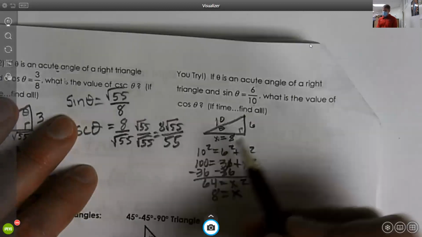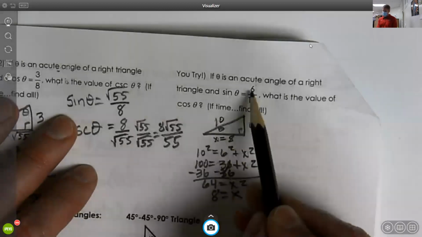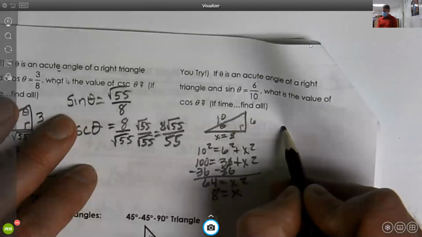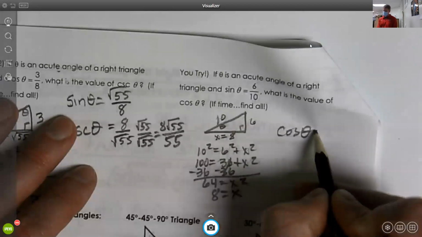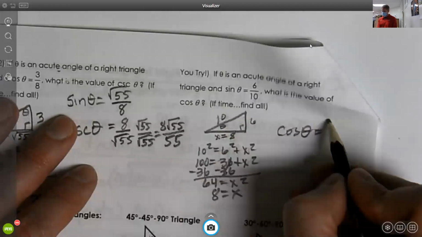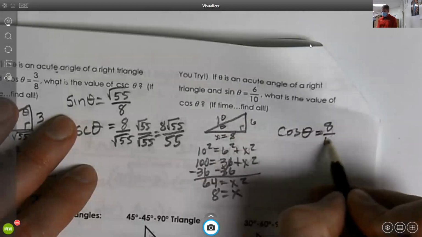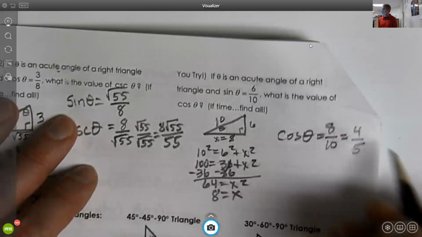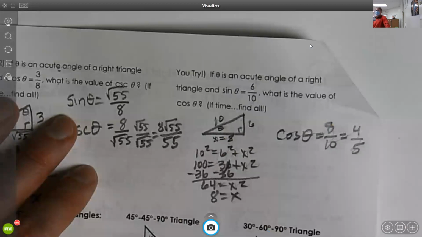Anyway, if the sine is 6 over 10, I can calculate the cosine would be adjacent over hypotenuse as 8 over 10, which can be reduced to 4/5. And that would be the best way to write your answer. 4/5.